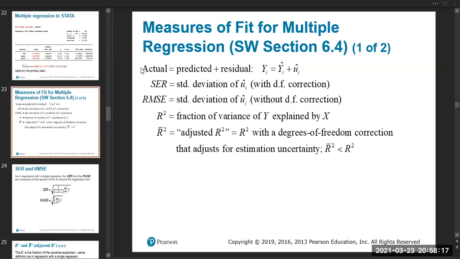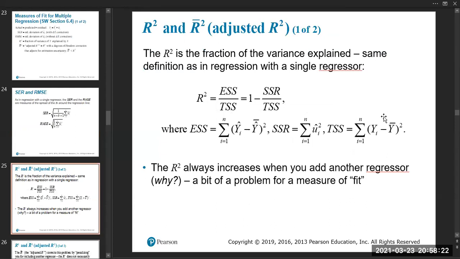All right, so let's take a look at what adjusted R squared is. R squared is the fraction of variance explained by all of the x. When we only have one single regressor, R squared equals ESS divided by TSS, which equals 1 minus SSR divided by TSS. The names are not really hard to remember.